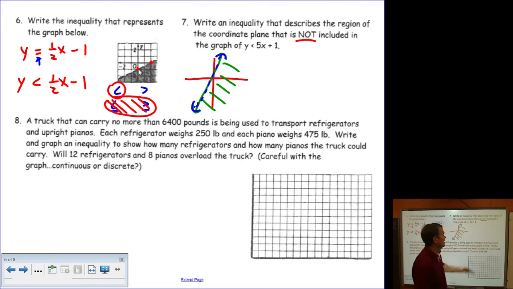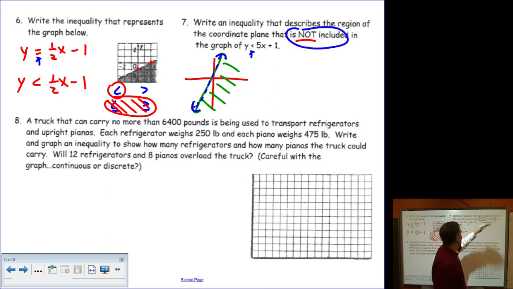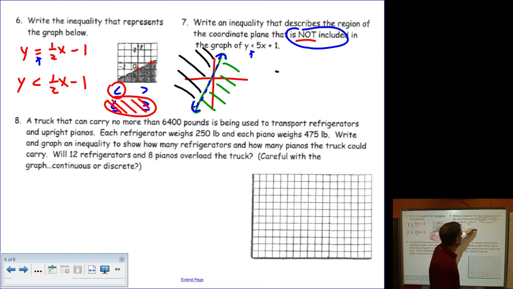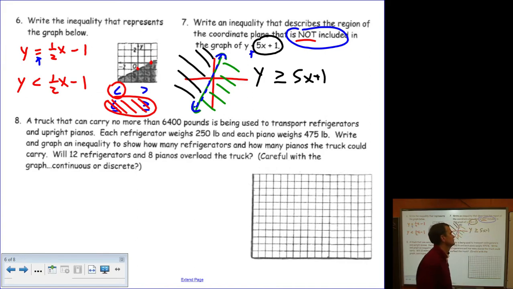It's a dashed line because of the less than. So the numbers that are not included would be the numbers on the line and this side of the line. So the numbers not included would be the numbers that are greater than or equal to 5x plus 1.